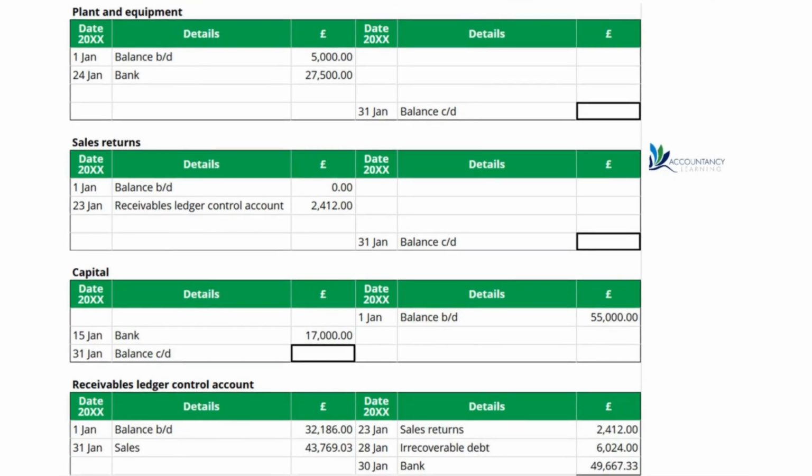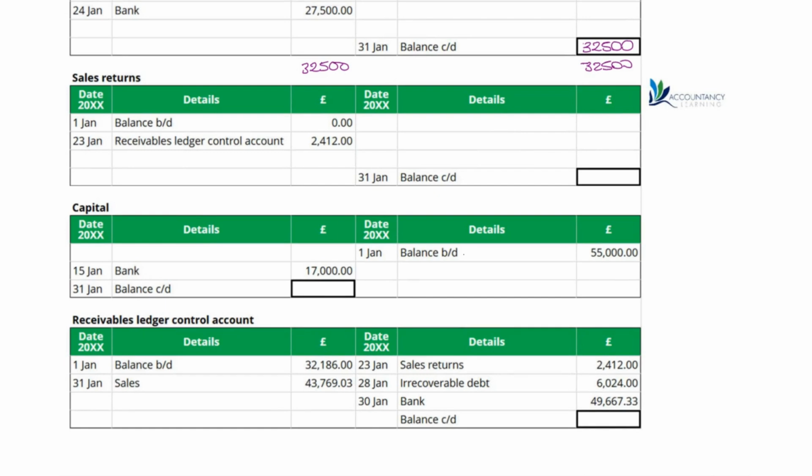So let's just work through all of these then. So remember, to balance off an account, we find which of the debits or credits are higher, find our balancing figure, and then use the total on either side to find that balancing figure. So we've got nothing on the credit side, so our debit side is going to be our total. And in this instance, it's quite straightforward that to balance it off, it's 32,500.